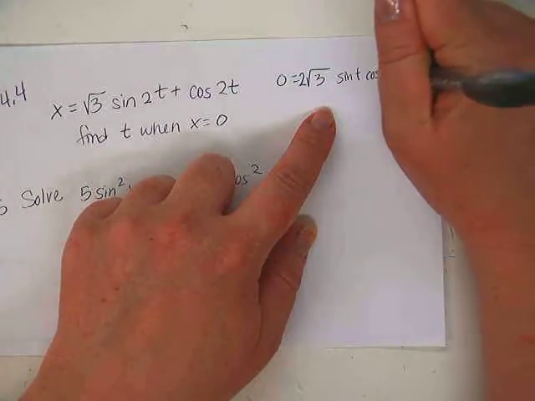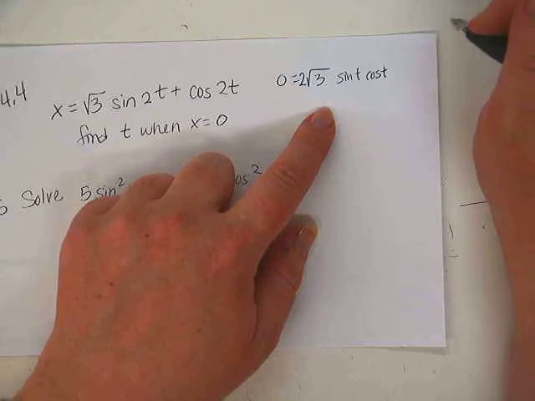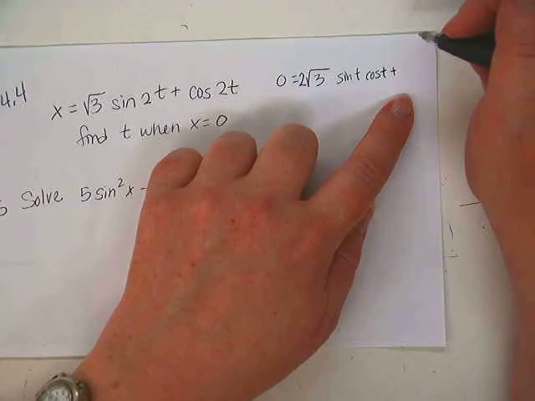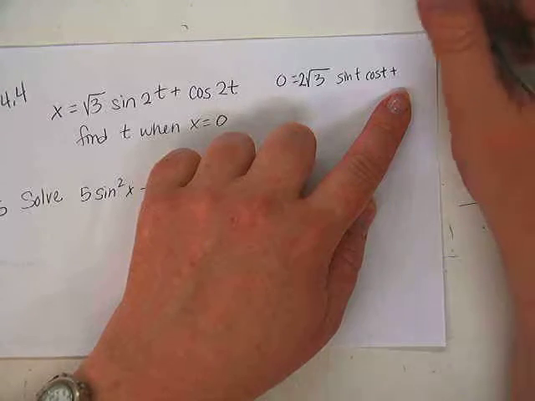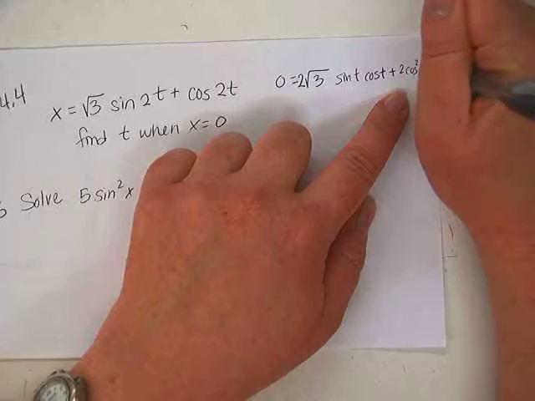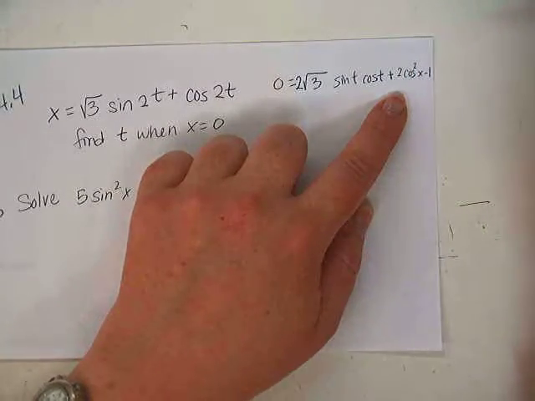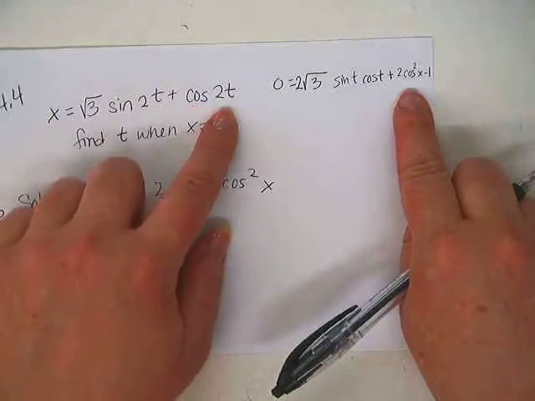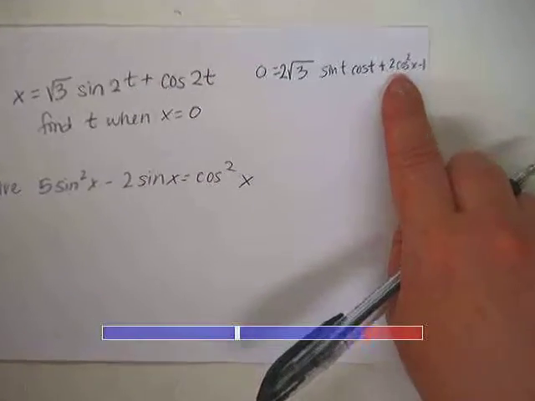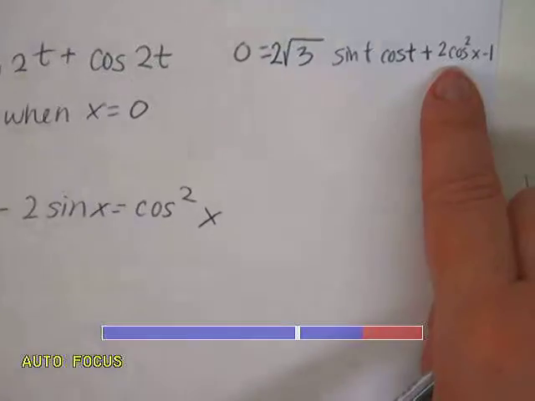Then for cosine 2t, let's use a different double angle identity. Somebody give me the one that's just with cosine in it. 2 cosine squared x minus 1. So I'm replacing the cosine 2t with 2 cosine squared x minus 1.